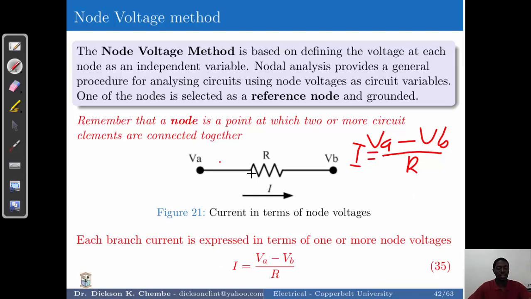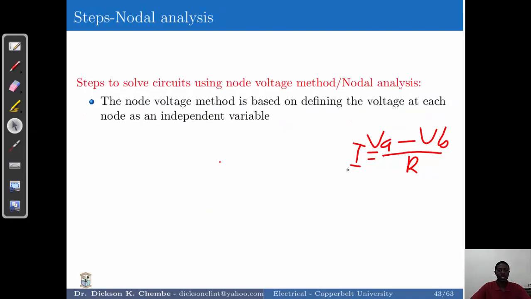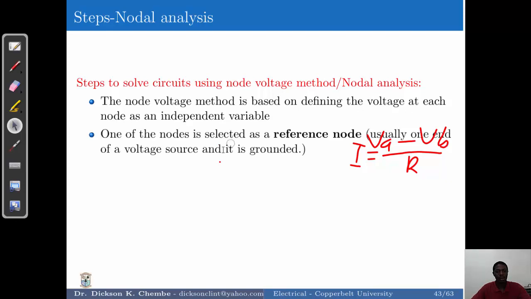So in this method, we are going to be utilizing this principle by defining branch currents and then applying Kirchhoff's current law to determine the circuit variables. If we look at the procedure for solving the node voltage method, the first step is to define the voltage at each node as an independent variable.